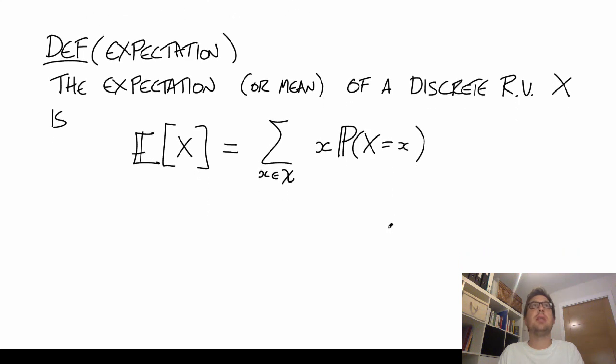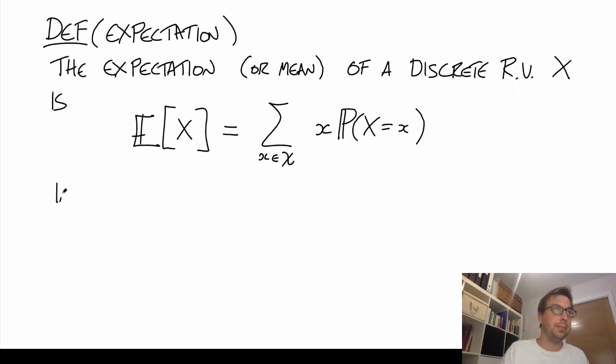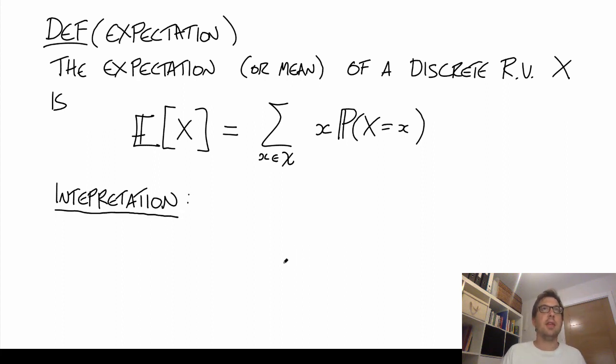An interpretation of what this is might be: we could think that we've got 1 kilogram corresponding to the weight of all of these probabilities, and then we're placing that weight along a line at different positions given by x.